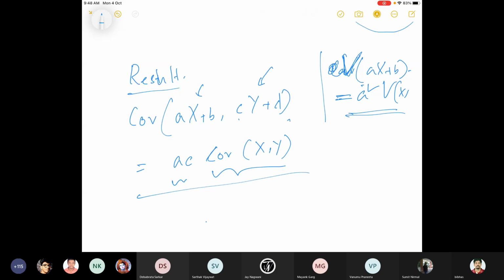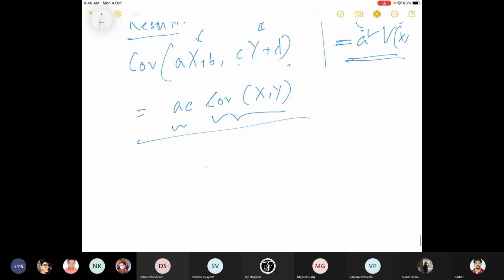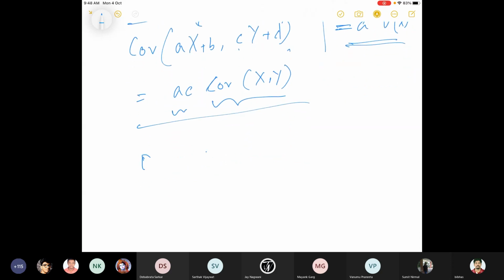Okay, so then let us solve some problem. I mean, problem means using this formula, you can just find some problem. Suppose, let's say mu x is given as 3. Suppose this is also mu y.